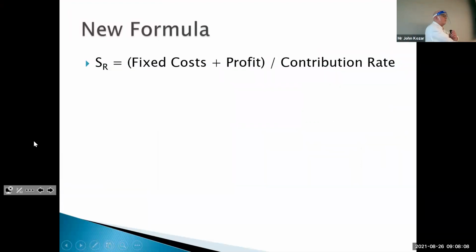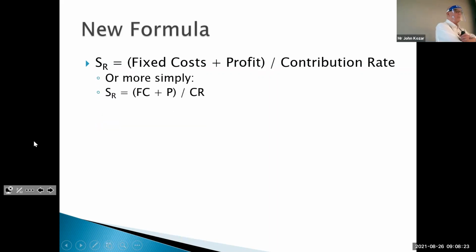Okay, so this is going to be a new formula that comes out of chapter 3. We're going to be able to calculate the sales required in order to make a certain profit. To do that, we're going to take our fixed costs and our desired profit and divide it by the contribution rate.